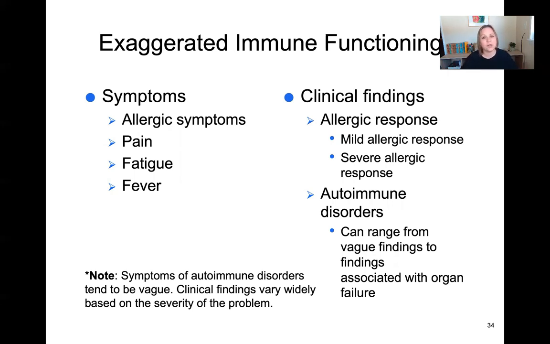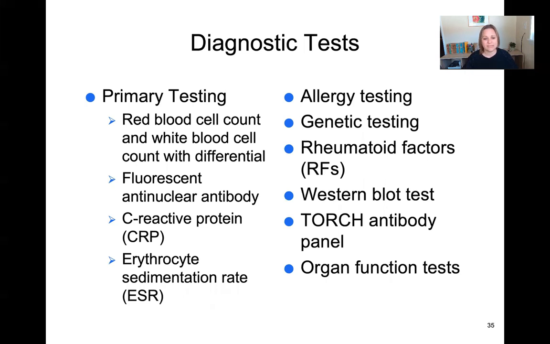And then we can see autoimmune disorders where the body starts attacking itself because it has an overactive immune response. Diagnostic tests can include a CBC, ANA titers to test for antibodies against their own body. A C-reactive protein and an ESR are both nonspecific markers of inflammation that cannot tell us why, but can tell us that there is inflammation present in the body.